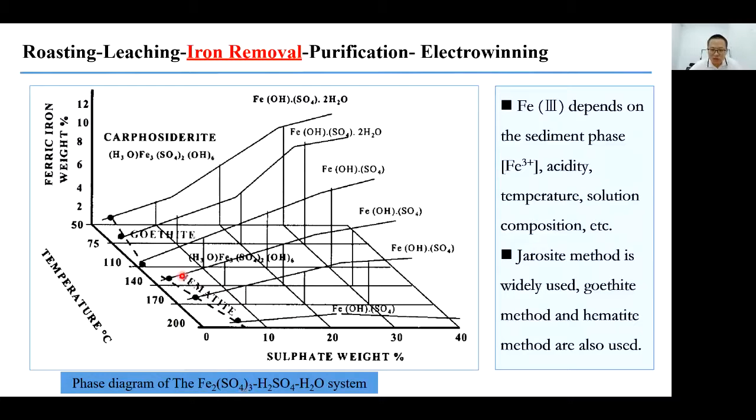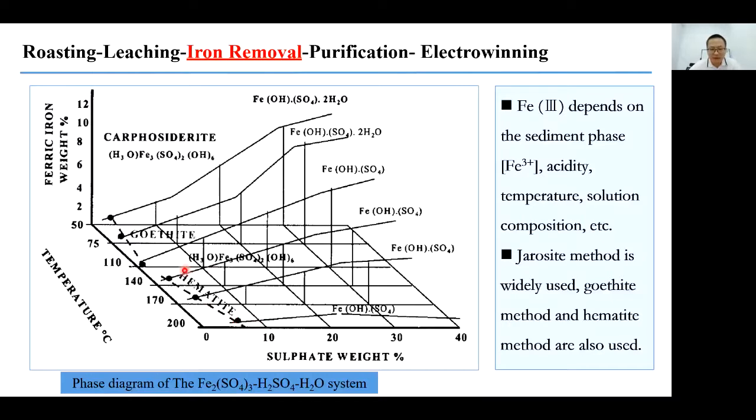And also, if we are aiming at hematite, the acidity should be controlled. If the pH value is too low or the acid is too much in the system, the hematite will be leached out or will dissolve again. So we should control the sulfuric acid content in the solution, so it should be neutralized.